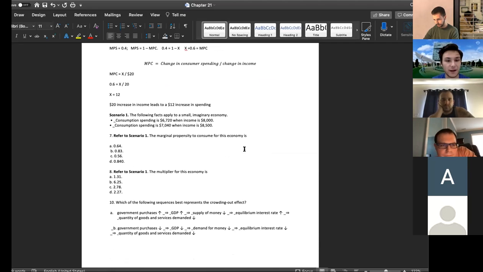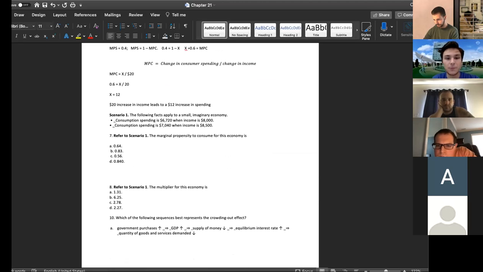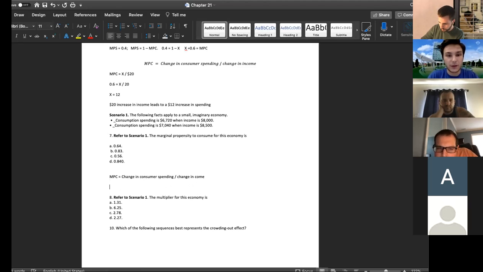So I did 5. These ones are going to be really simple. The marginal propensity to consume for this economy is what? Basically, for this one, we're going to use that same equation: change in consumer spending divided by change in income. As we can see right here, we have a change in income of 500.